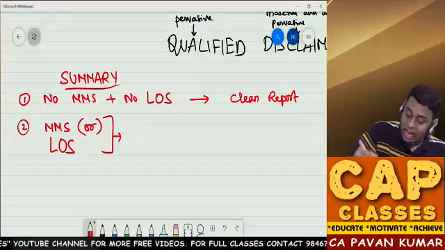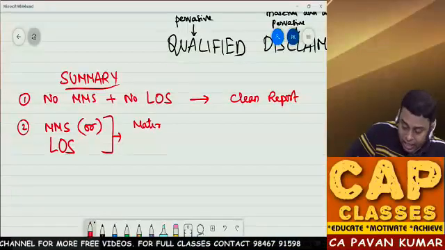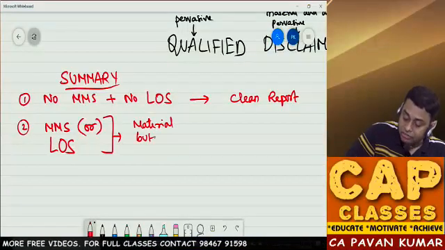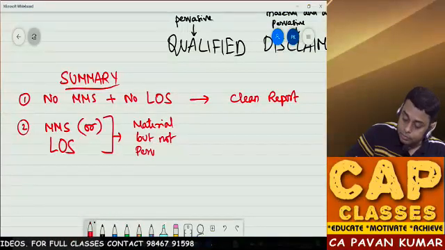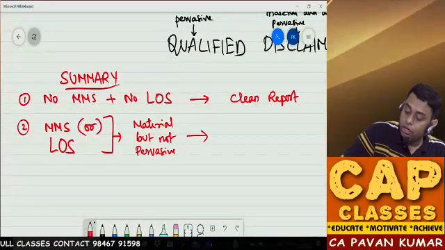What is the characteristic here? Material, definitely material, but not pervasive. Then you give a qualified report.